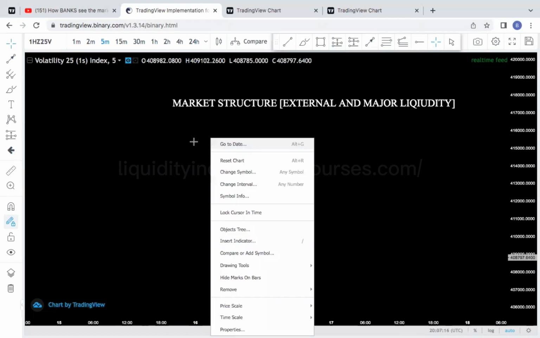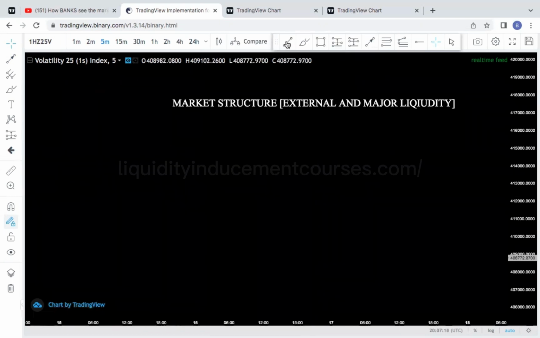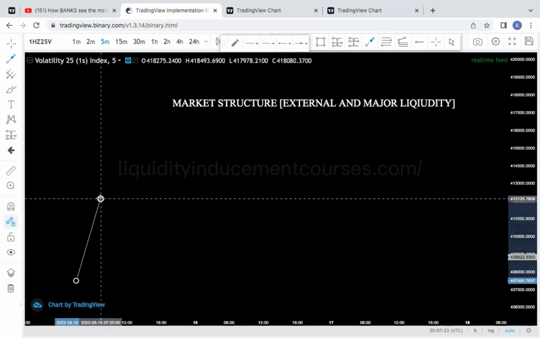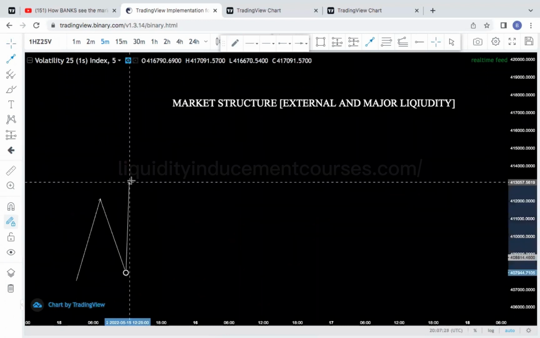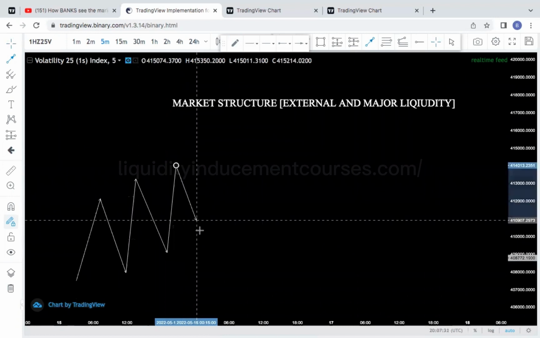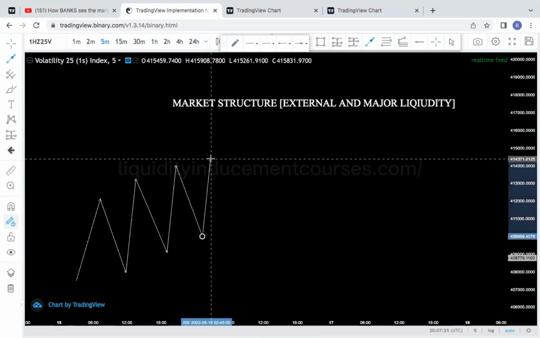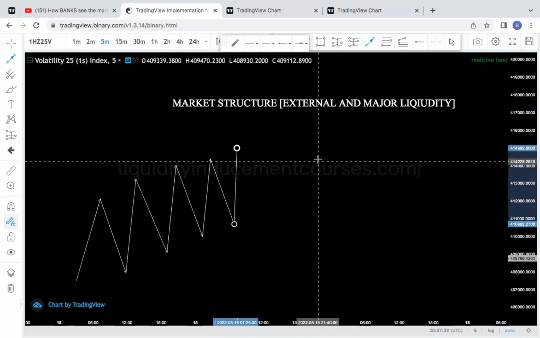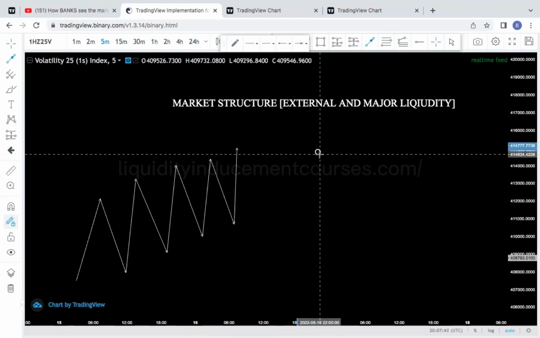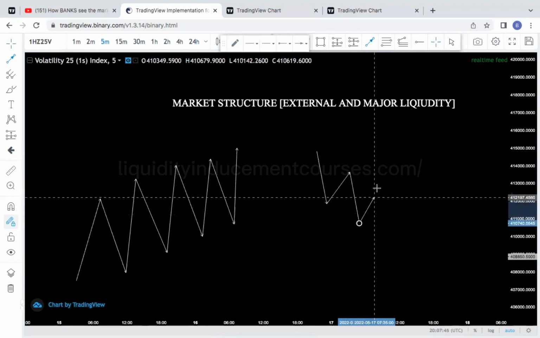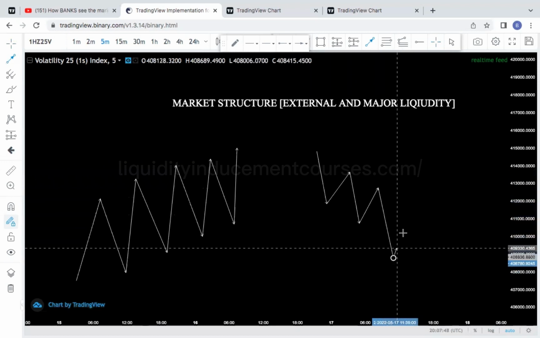Now, every high and every low has liquidity, for an uptrend and for a downtrend.